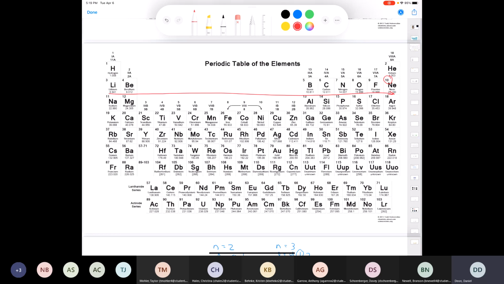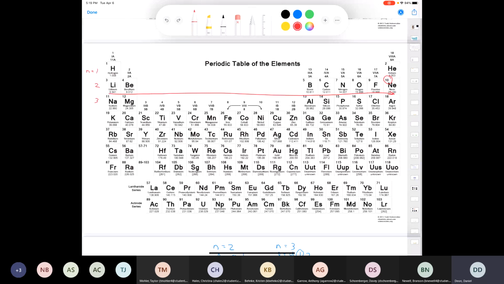Once I get here, I'm going from n equals 1 to 2 to 3. So I'm adding electrons to the highest principal quantum shell, which is farther away, right? I'm adding a 3s1, a 3s2, a 3p, and so on. But the core electrons that are blocking that charge, the number doesn't change. It's always 10.